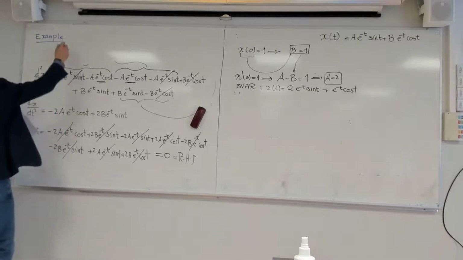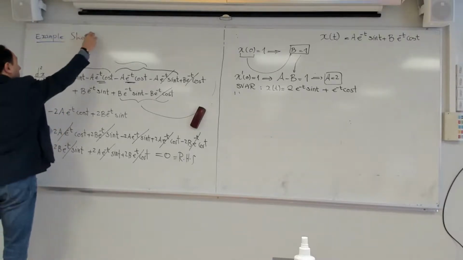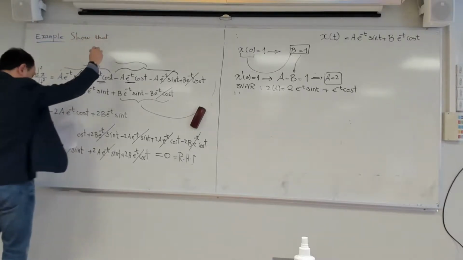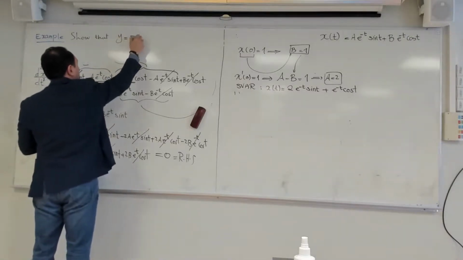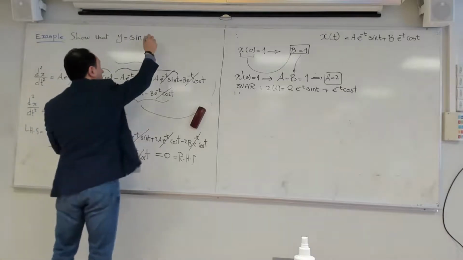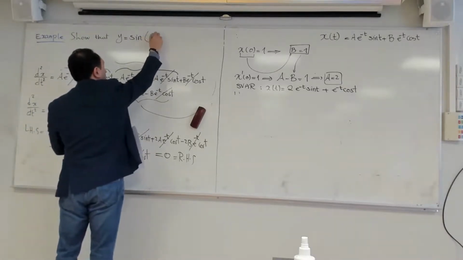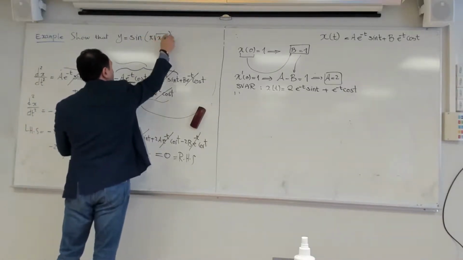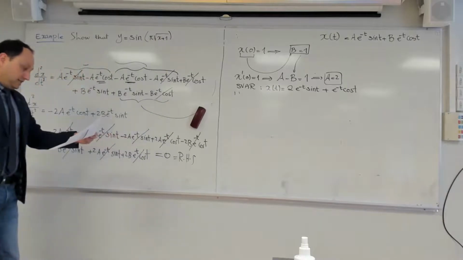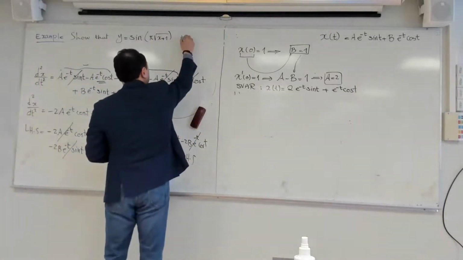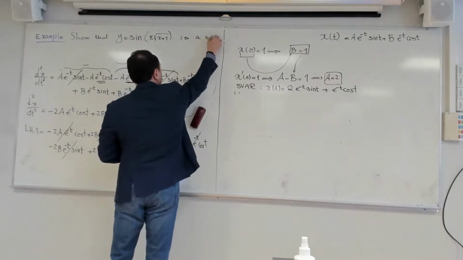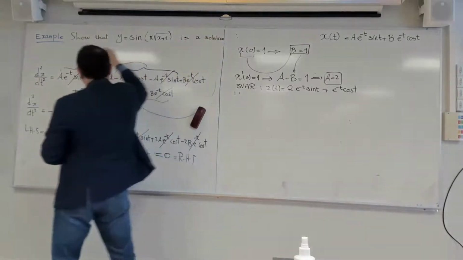So show that y equals sine of pi times the square root of x plus 1 is a solution to the following differential equation.